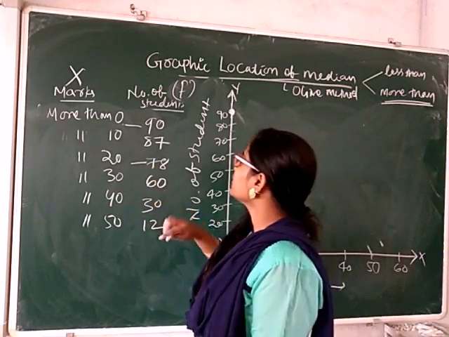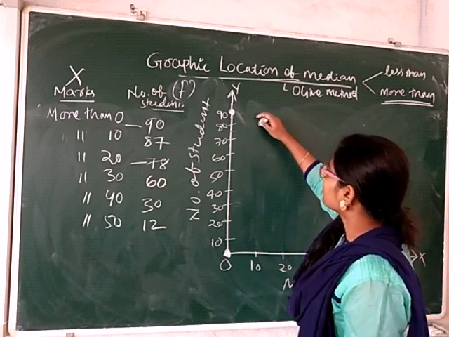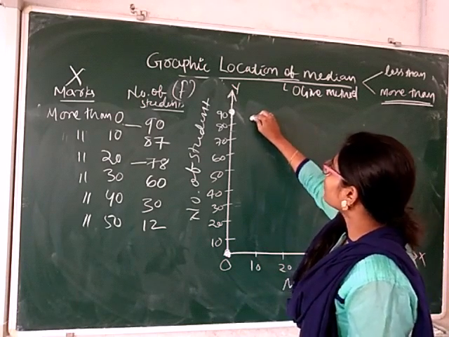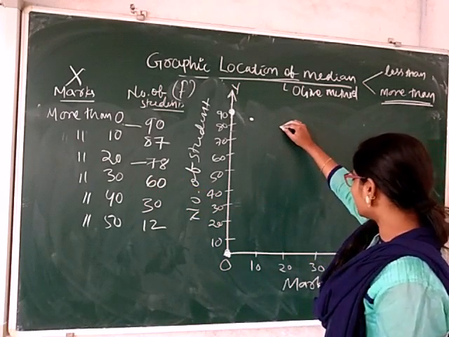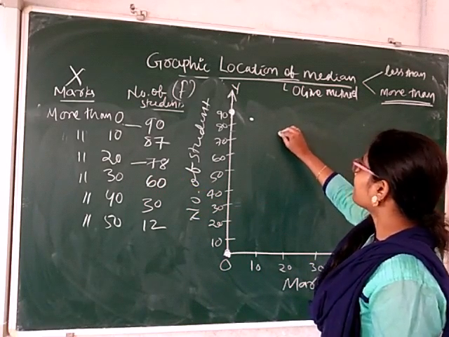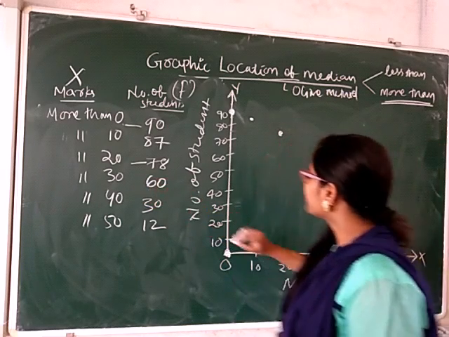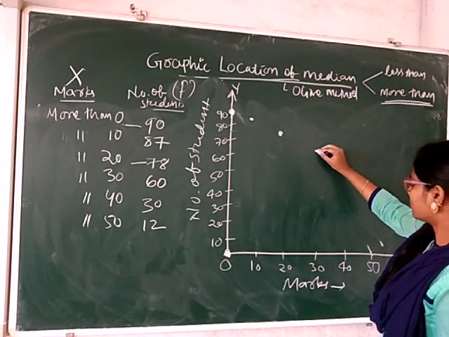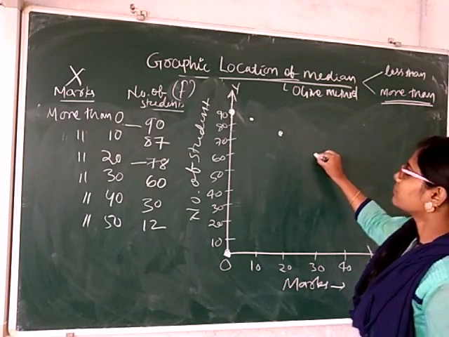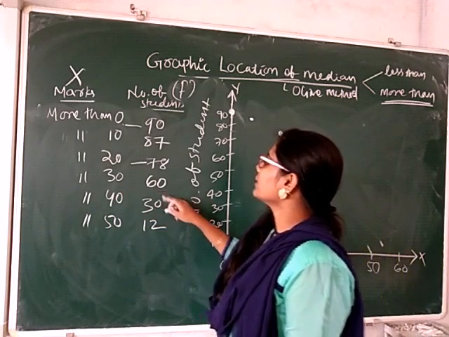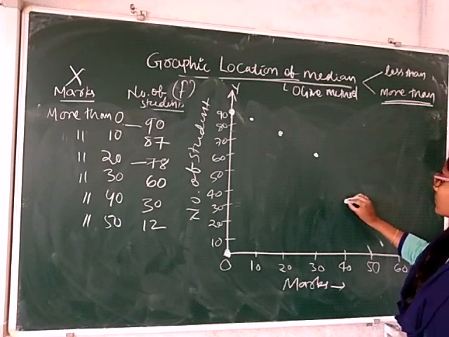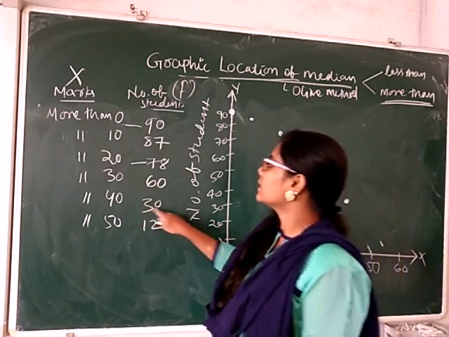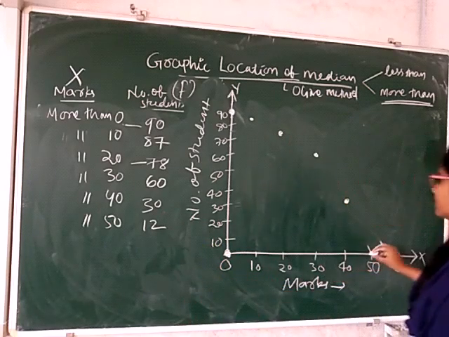Then more than 10, the number of students is 87, so the dot will be here. Then more than 20, the number of students is 78. More than 30, 60. Then more than 40, 30. Then more than 50, the number of students is 12.